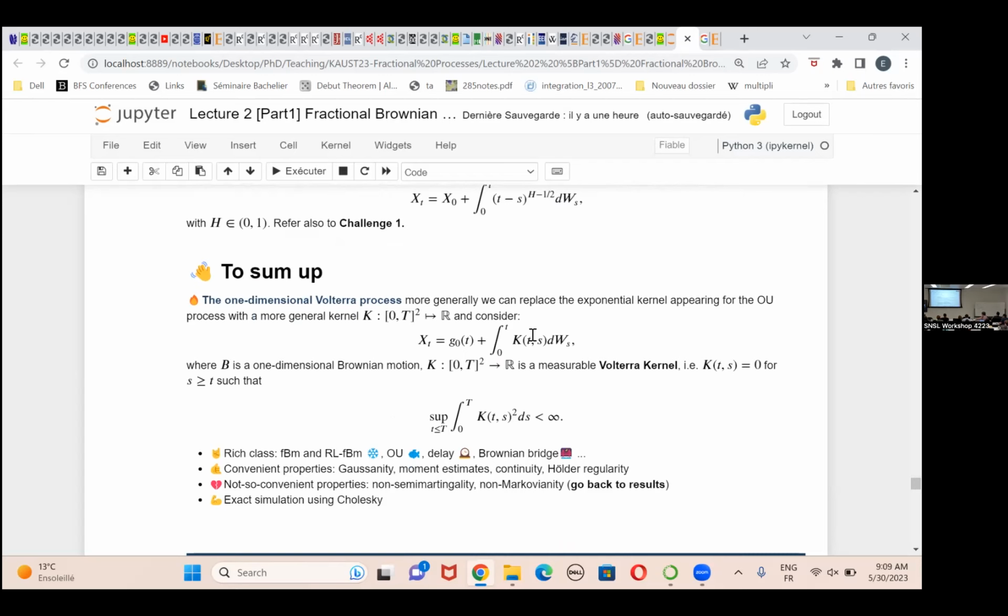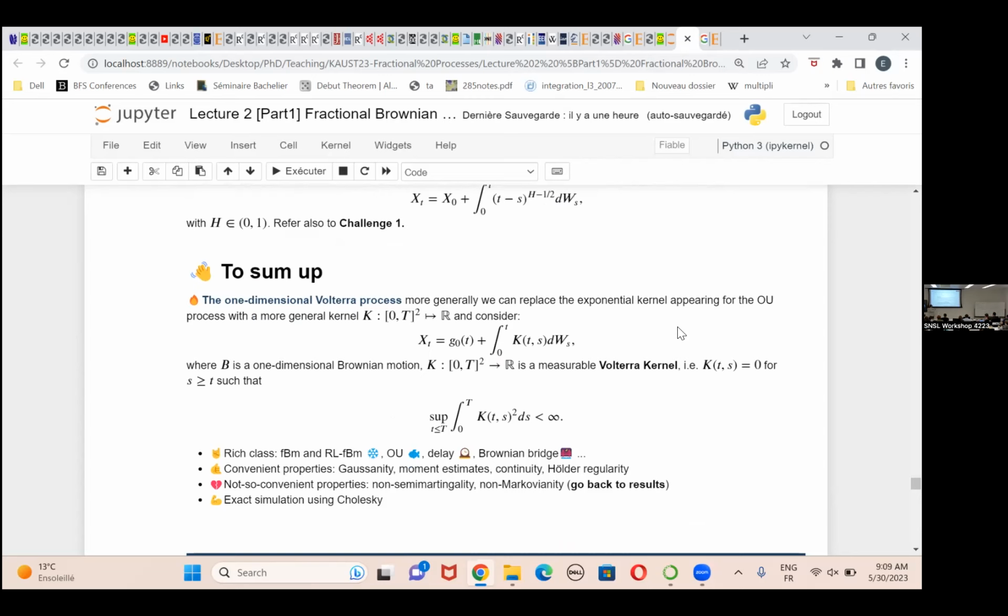Okay, so maybe let's sum up. In this first part, we looked at how to include memory in continuous processes through the kernel K, simply by doing a convolution of a time-dependent kernel against Brownian motion. You recover a Gaussian process by doing this, a continuous process.